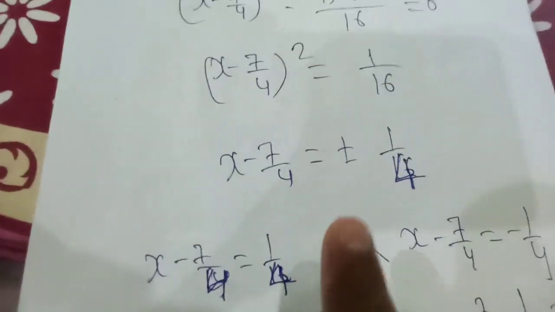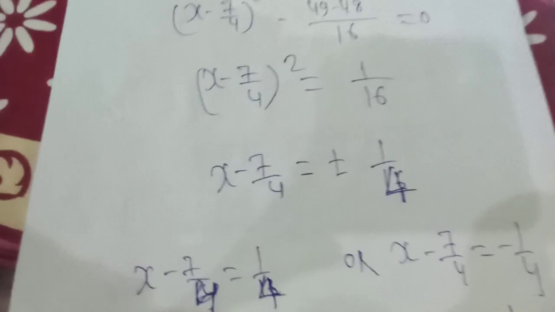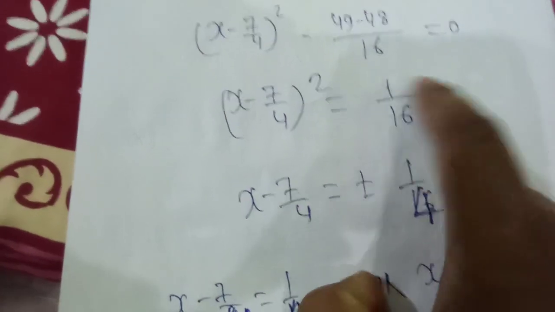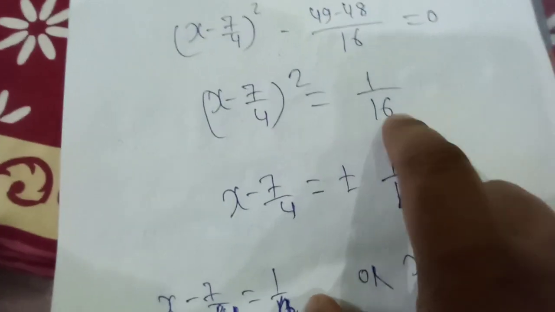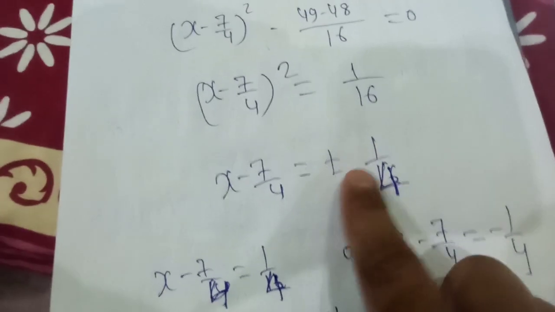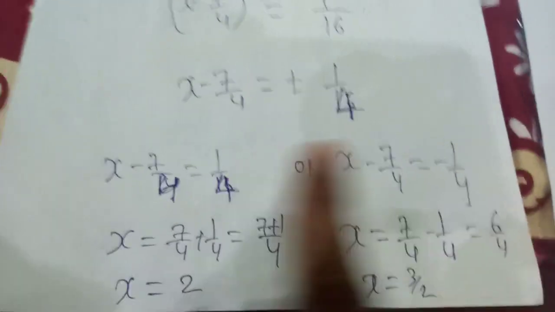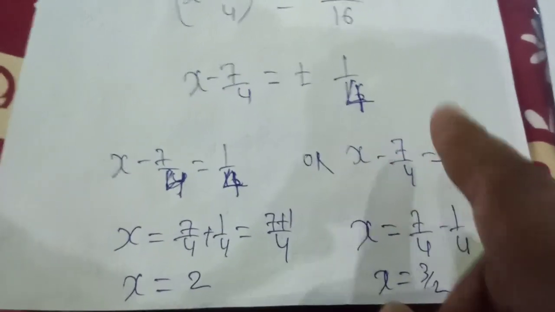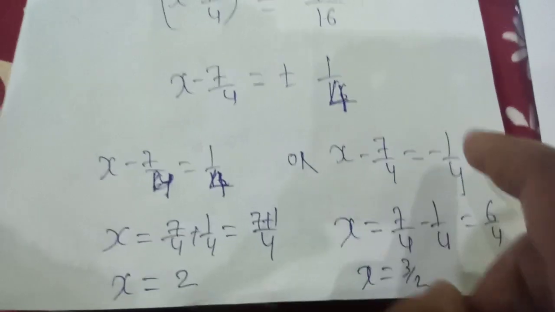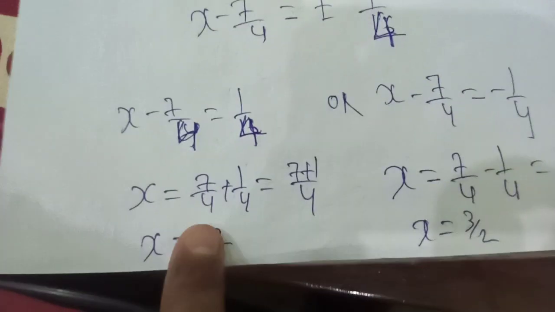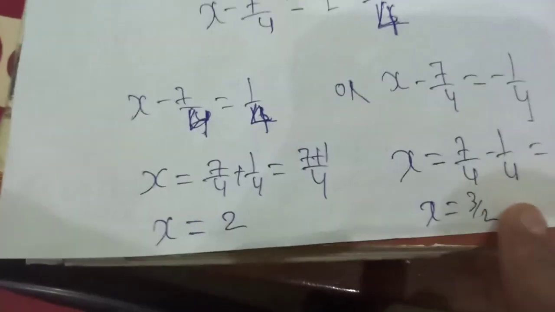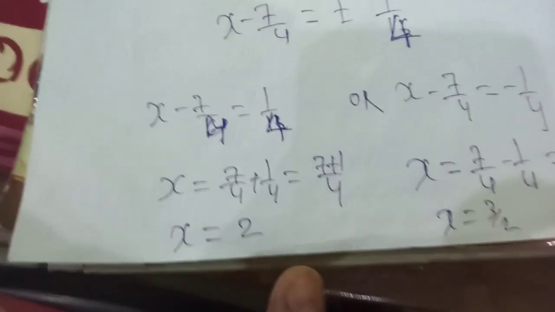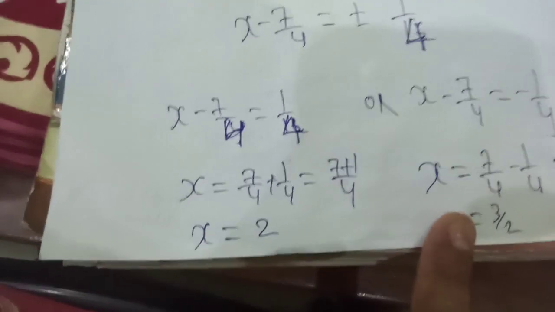So x minus 7 by 4 equals, taking the square root, plus minus 1 by 4. By solving these two, either x minus 7 by 4 equals 1 by 4 or x minus 7 by 4 equals minus 1 by 4. So we will get x equals 2 and x equals 3 by 2. So we get two zeros here, 2 and 3 by 2.